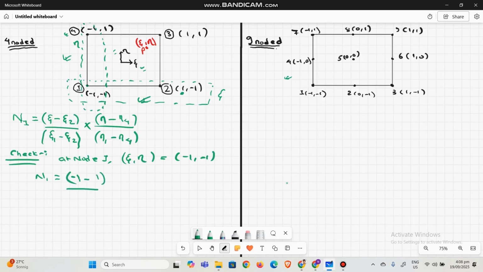Divided by xi1, which is minus 1, minus xi2, which is 1. Multiplied by eta for node 1, which is minus 1 again, minus eta4, which is 1, divided by eta1, which is minus 1, minus eta4, which is 1, so minus 1. So as you can see, this is 1 and this is 1, so we get 1. It's okay.